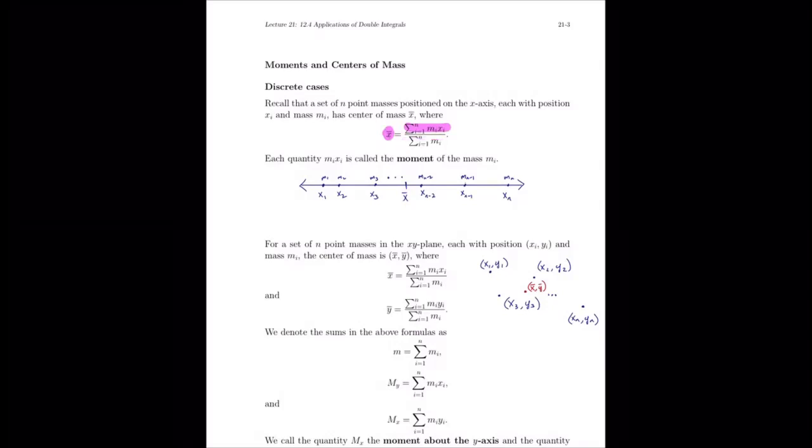And it's the sum of mi times xi for all n of these masses in their positions, divided by the sum of all the masses. And this is exactly how you calculate the center of mass for that collection of point masses.